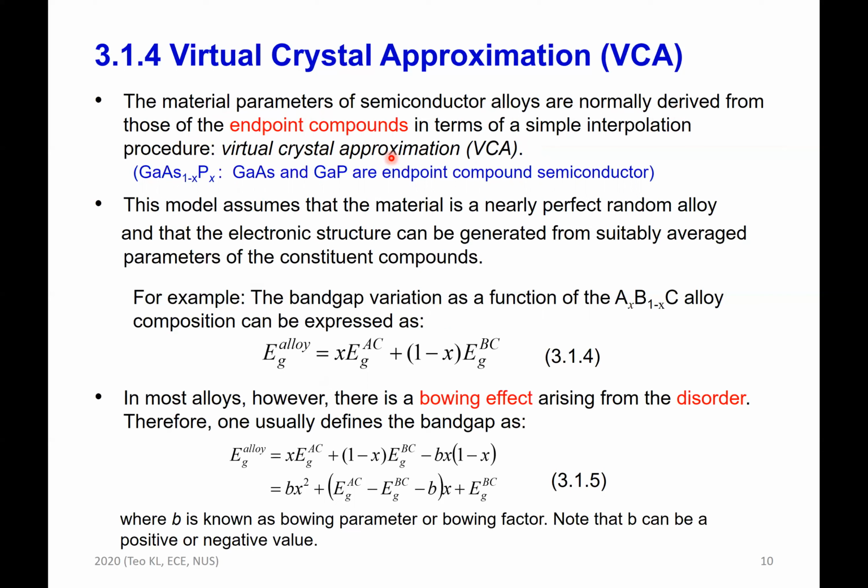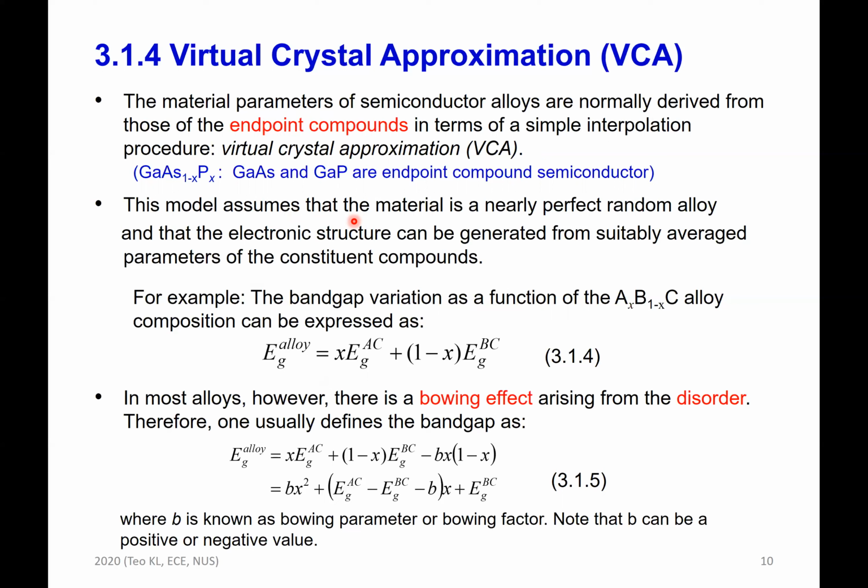This is nothing other than a linear interpolation. For gallium arsenide phosphide, the endpoint compound semiconductors are gallium arsenide and gallium phosphide.